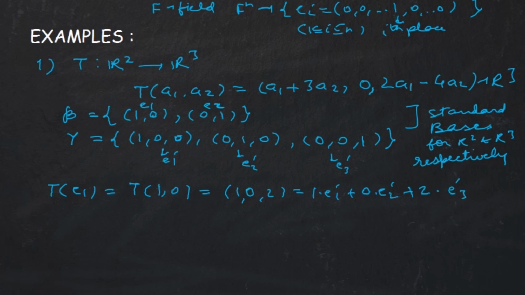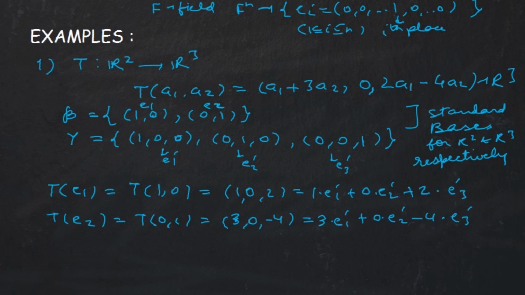And now let's find T(E2). T(0, 1) is (3, 0, -4). So this can be written as 3 into E1 prime plus 0 into E2 prime minus 4 into E3 prime. So we have got these unique scalars, right? And we have expressed T(ei) for i equal to 1 and 2.